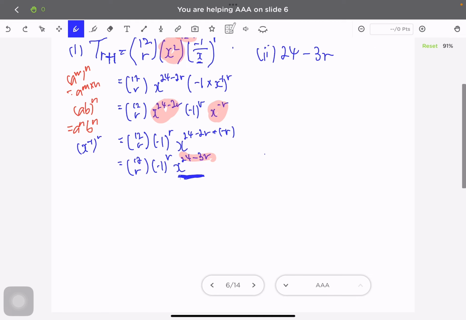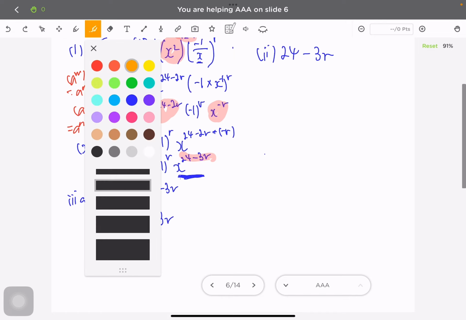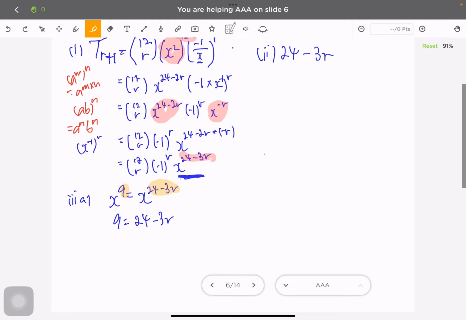So if I were to compare, this is x to the power of 24 minus 3r. So my law of indices, remember, comparing equation. I have the power comparing this part here. So 9 equals to 24 minus 3r. When I manipulate, it will be 15, r will be equals to 5.